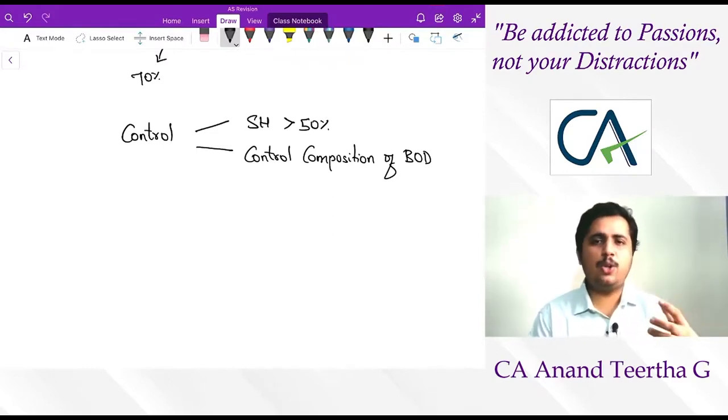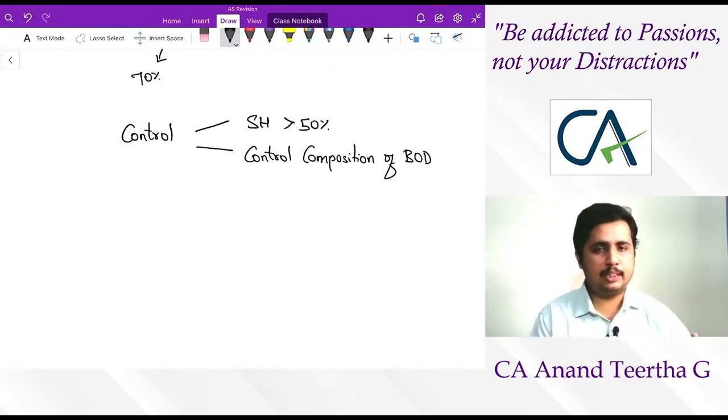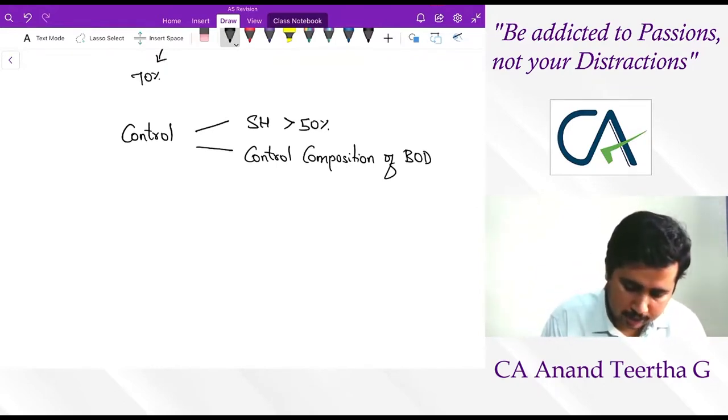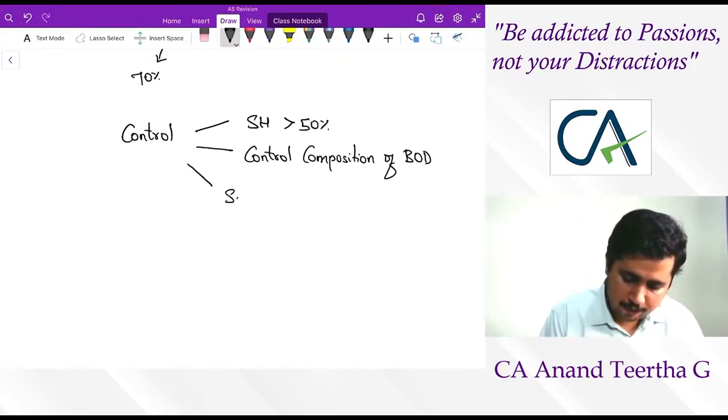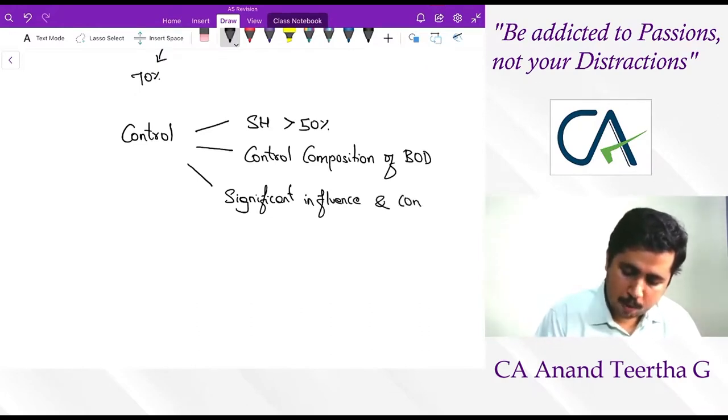So I control the board of directors, the appointments and all these things, I take care of it. So I will be a controlled person. Third, there is a significant influence and controls the policy making of the company.